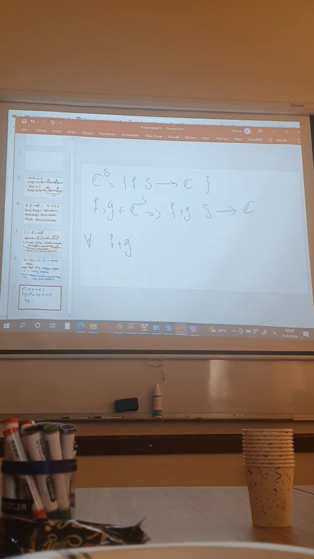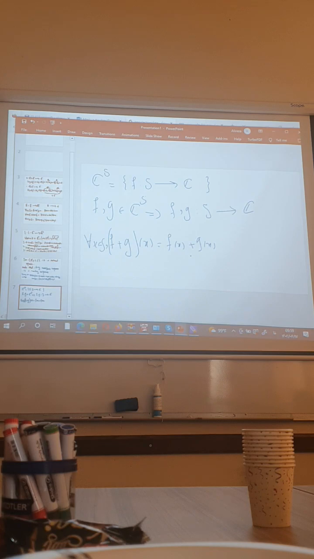So we define, for any x in S, (f+g)(x) equal to f of x plus g of x, and it is well defined, because we know that f of x is a complex number and g of x is a complex number, so we can define f of x plus g of x.